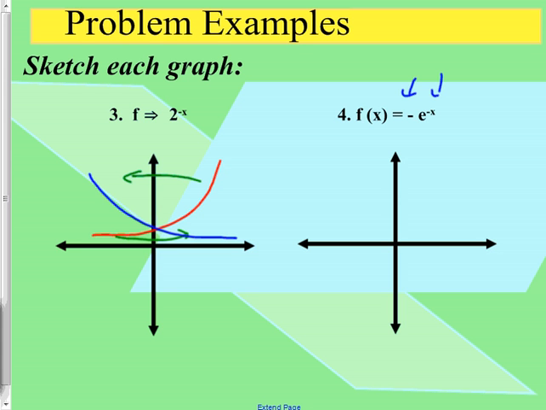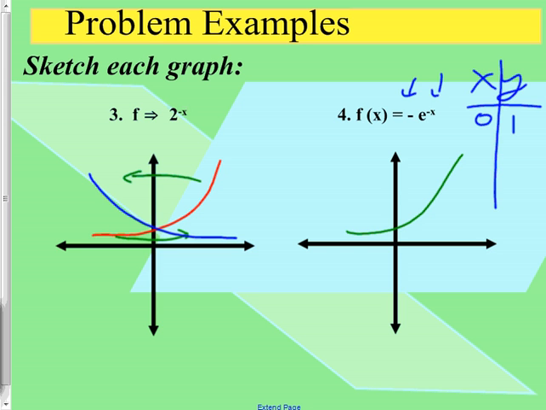Okay. Hopefully you started with a parent that looked like this, and then considered how steep it was. Well, we can make an XY chart, by the way, if you ever need to know exactly how steep to make it. It's really not that bad. Make an XY chart, and you plug in a number for x. Like if you put in 0, of course, you get 1.